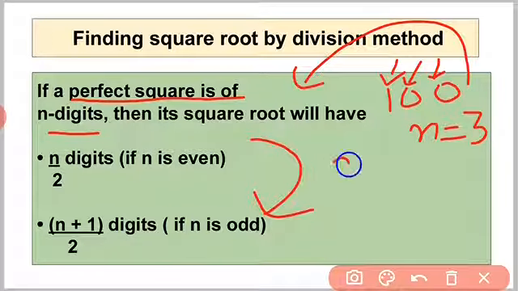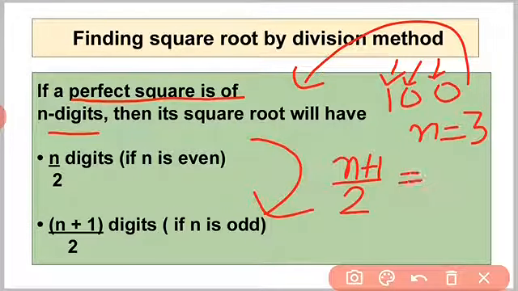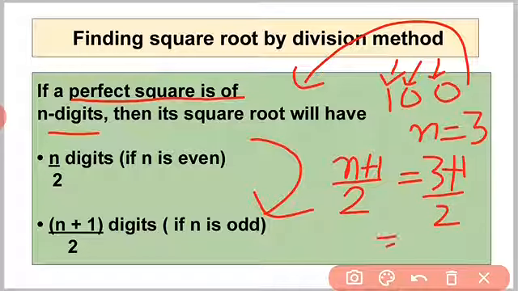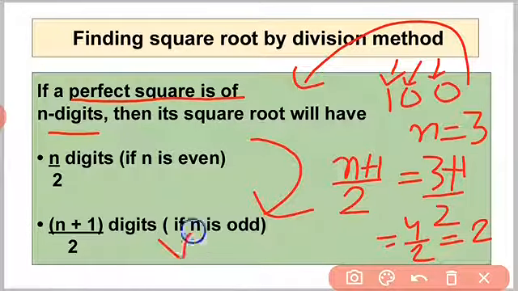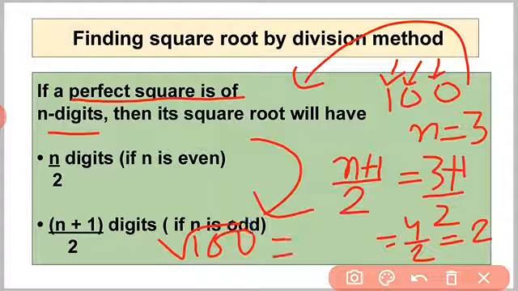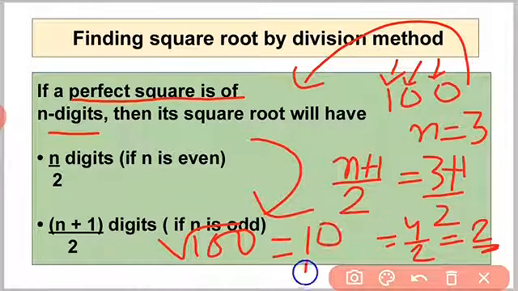There will be n plus 1 by 2 digits, that is equal to 3 plus 1 by 2, that is equal to 4 by 2, that is 2. So the square root of 100 will have 2 digits, and we know square root of 100 is 10, and see there are 2 digits. So this is how you can find the number of digits in the square root of a given square number.